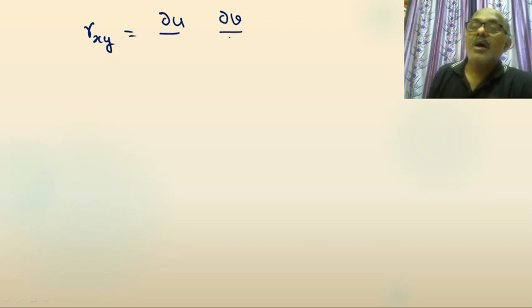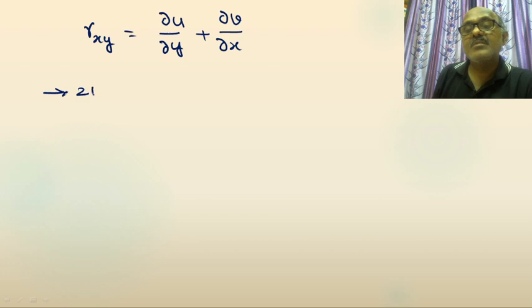So this displacement is in the y direction, write down that one here, ∂y. For this displacement, u is a displacement in the x direction, write down that one here, put plus here. Excellent.